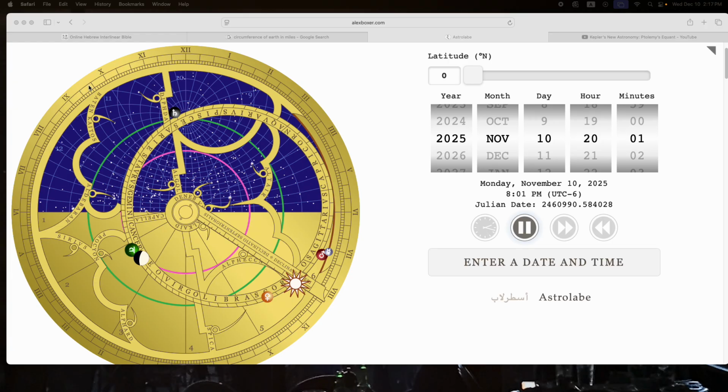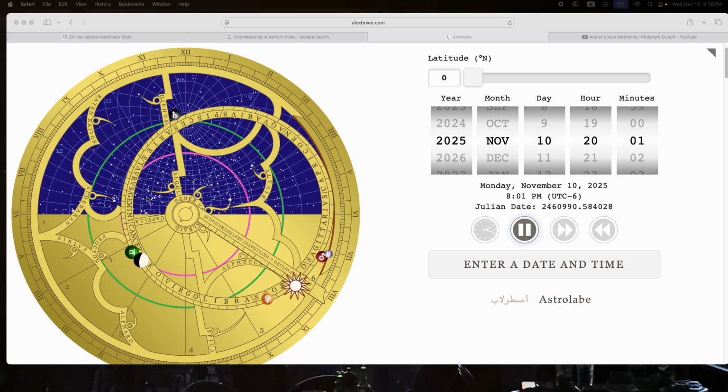You've got this piece called the mater, I guess, that is the rule out here that breaks up your degrees around your circle, and then you have another fixed piece with this ecliptic ring that breaks up the path of the sun between your tropics, Tropic of Cancer and Capricorn here.